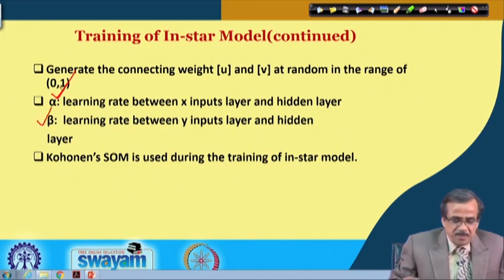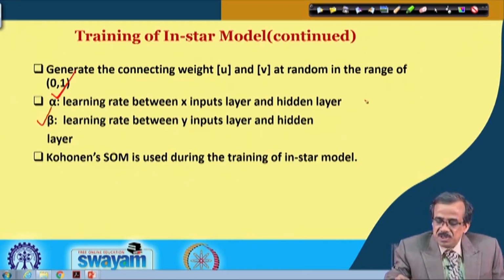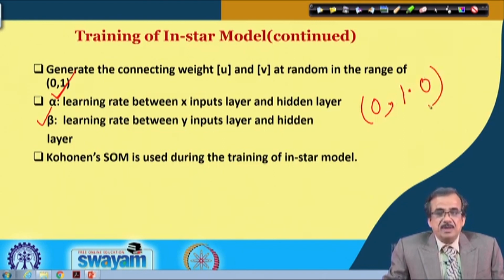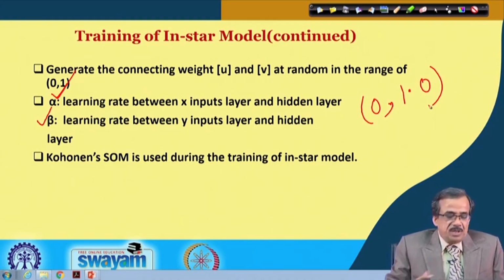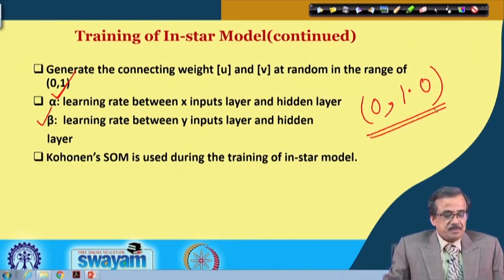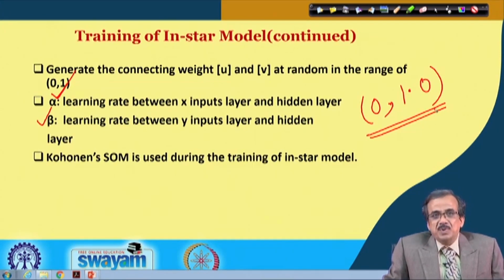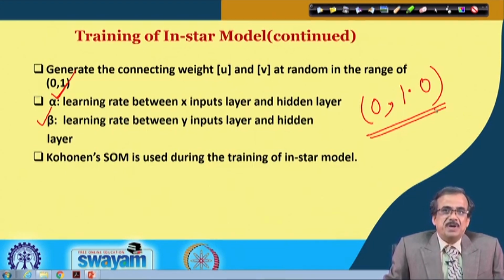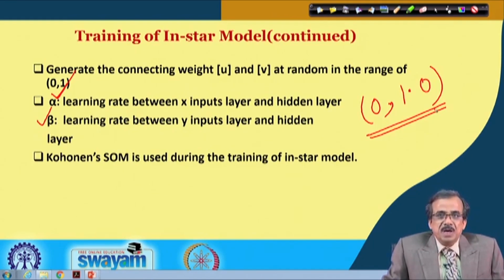Now, this alpha and beta will lie in a range of say 0 to 1. Now, here as I mentioned, we are going to use the coherence self organizing map just to find out who could be the winner lying in this hidden layer.